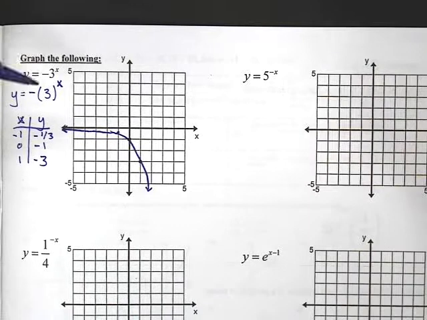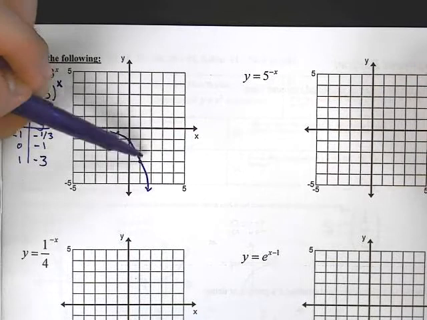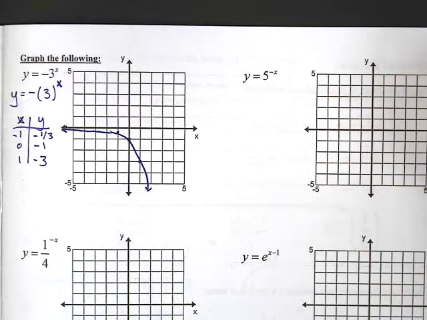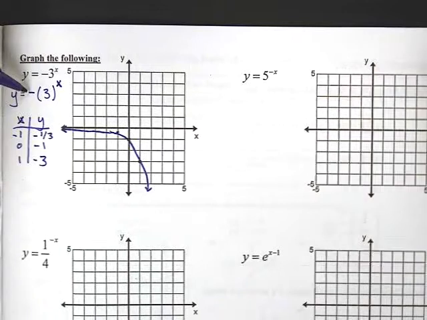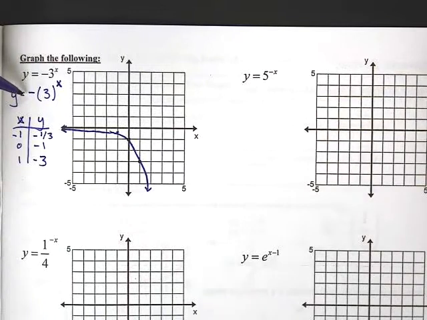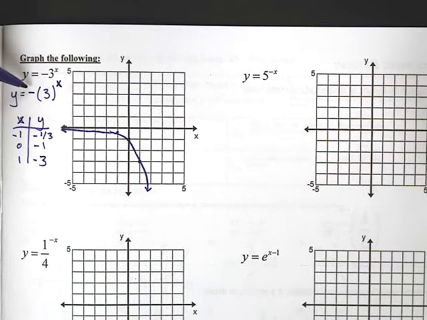The other thing I want you to notice is this is still growth, and by that I mean it is still growing farther and farther away from the x-axis, which hopefully makes sense because my a value right here, this 3, is greater than 1. Okay, the negative actually is extremely similar to what we did way back when in chapter 2, I believe. What did we learn? If you have a negative outside of the function, out in front, isn't that just a flip over the x-axis?